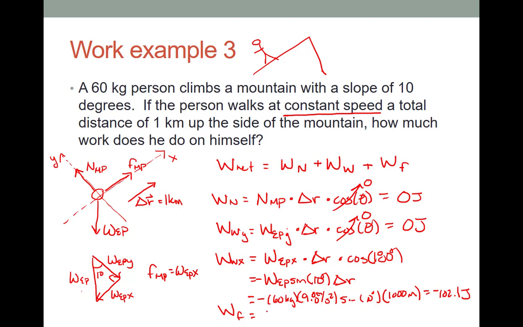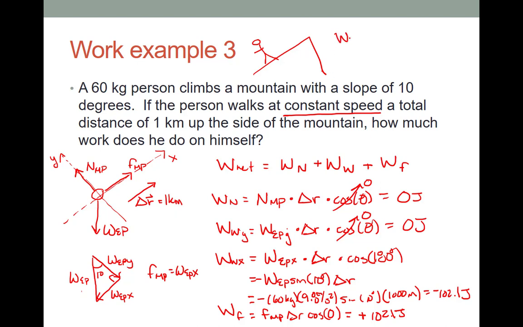So if I write this as the frictional force times delta r, I would put a cosine of 0 degrees here. Since friction equals the x component of gravity, and delta r is the same for both, this will equal a positive 102.1 joules.